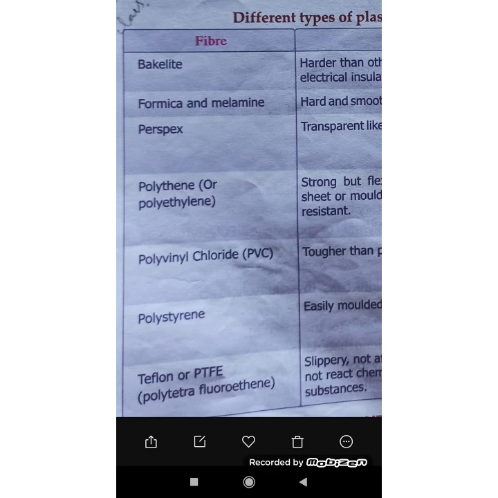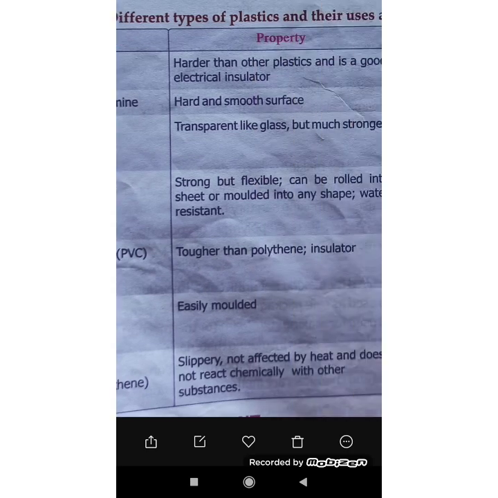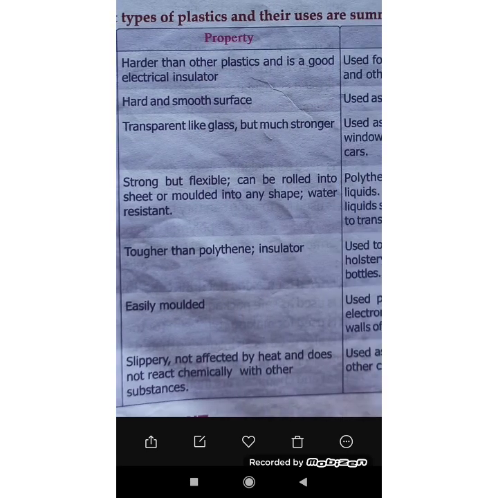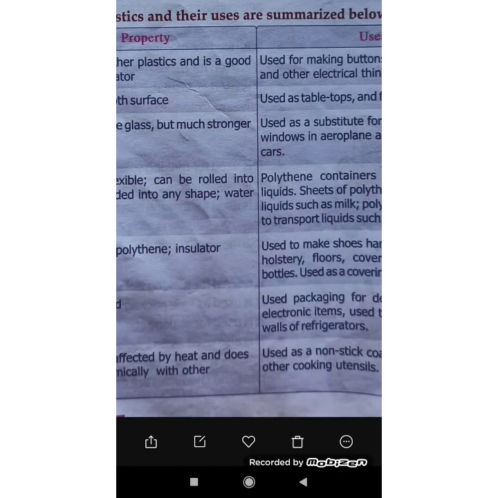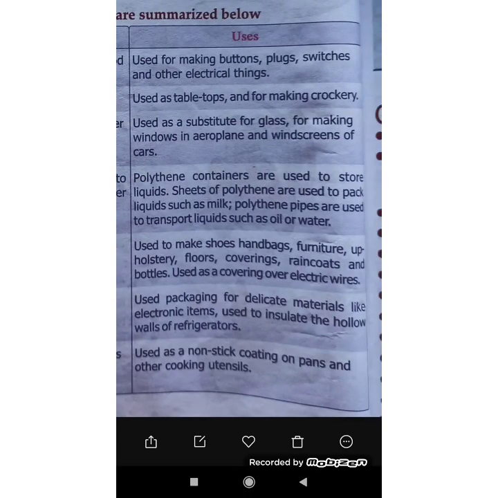Teflon or PTFE, that means polytetrafluoroethane. It is slippery, not affected by heat and does not react chemically with other substances. It is used as a non-stick coating on pans and other cooking utensils.